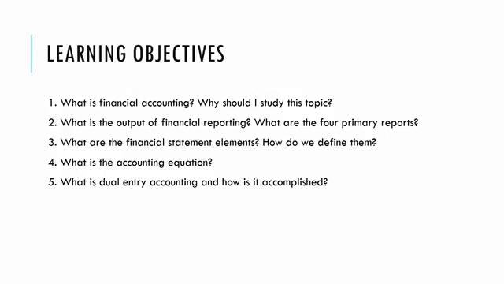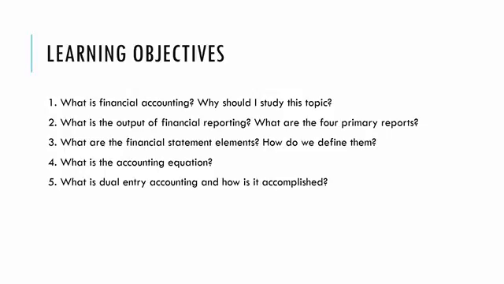The second learning objective is what is the output of financial reporting? What does financial reporting produce? And here I give you a bit of a clue, because the second question is what are the four primary reports? So financial reporting must produce an output which consists of four primary reports.